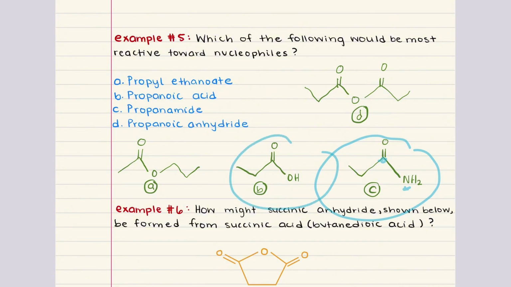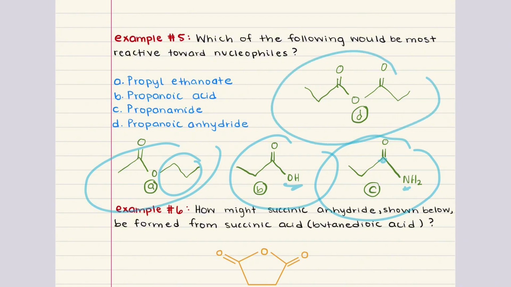Carboxylic acids are next. The hydroxyl group doesn't leave easily, and the molecule is stabilized by hydrogen bonding. Then esters are moderately reactive. The alkoxy group is a better leaving group than hydroxide, and there's less resonance stabilization than in an amide. Finally, anhydrides are the most reactive.